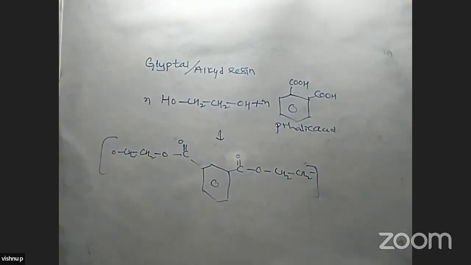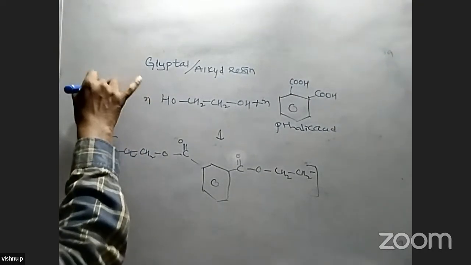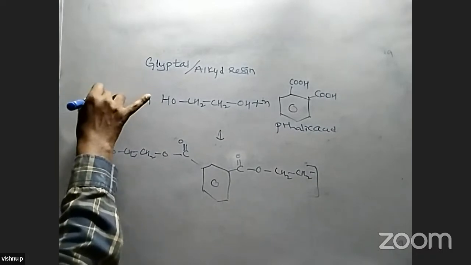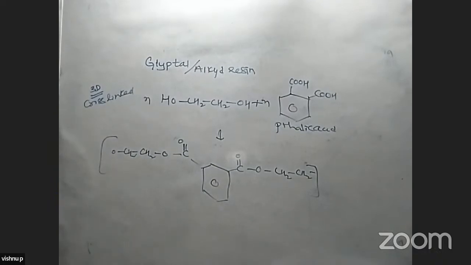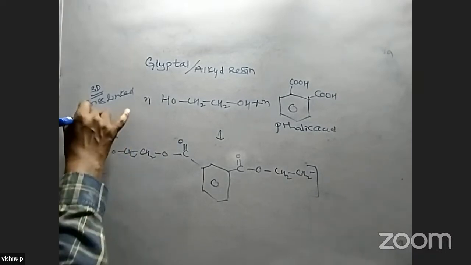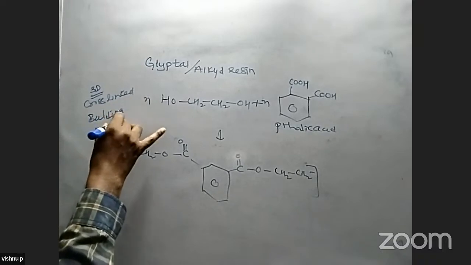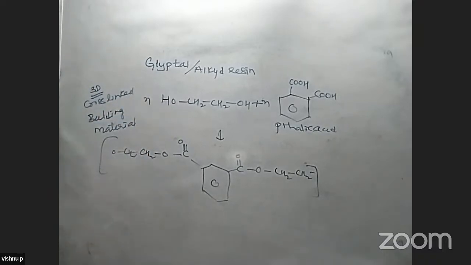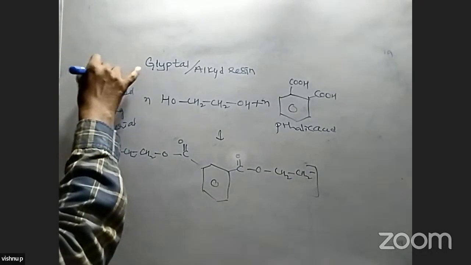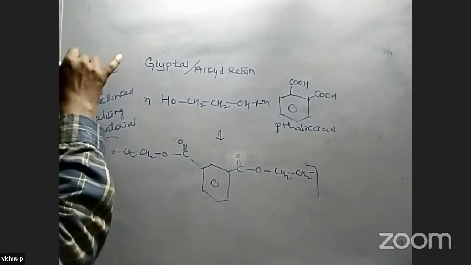What is the important use of this glyptal resin? It is an example of a three-dimensional polymer, or cross-linked polymer. Because of this, it is mainly used in building materials, mixed with cement, and also in the paint industry.